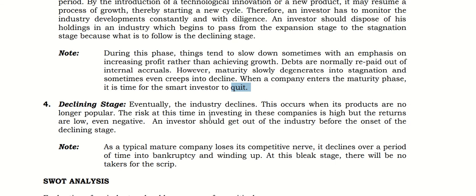The risk at the time of investing in these companies is high, because nobody will invest in such companies which are completely outdated in the market, and their returns are very low or even negative. So it is not wise to invest when the industry is at its declining stage. Investors should identify the companies at the decline stage, and this is the time of bankruptcy or winding up, right? So at this stage, nobody should ever invest in such industries.